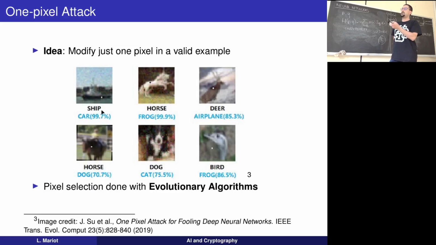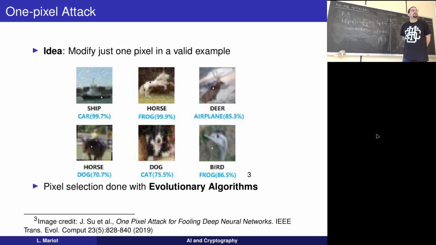Like here we have a ship, and then by modifying this pixel, turning it into a blank pixel, it becomes a car. Or otherwise a horse is classified as a frog, a deer as an airplane, and so on and so forth.